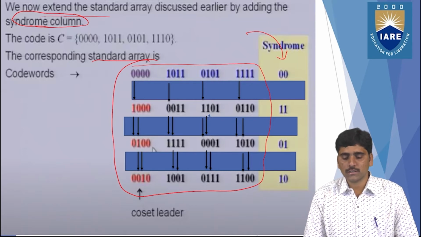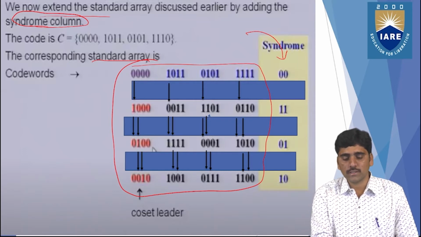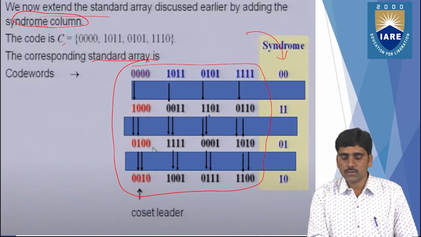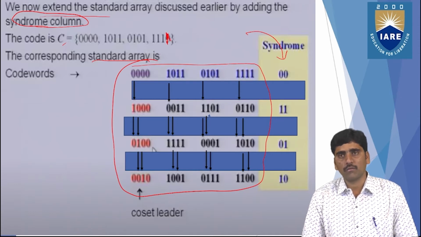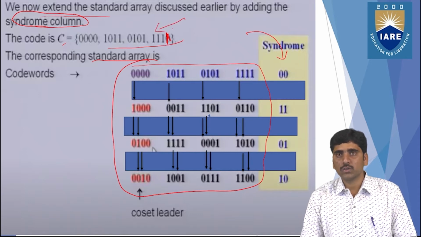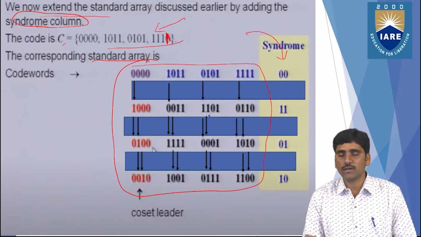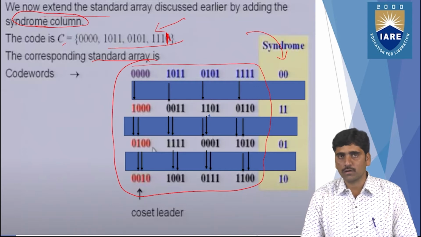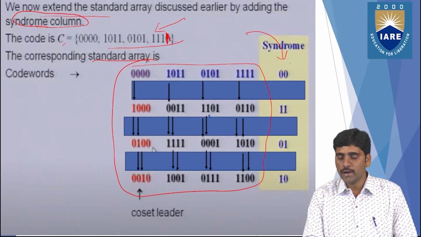See here, the standard array of code C is 0000, 1011, 0101 and 1111. This is the standard array of the codes, used to detect the syndromes of the same error, the same group or not. So here we are adding an extra column, that is the syndrome column.